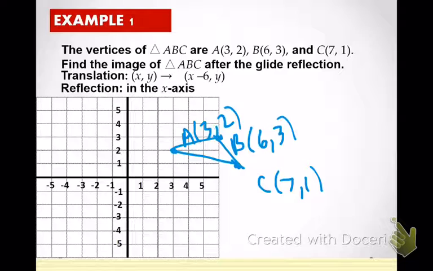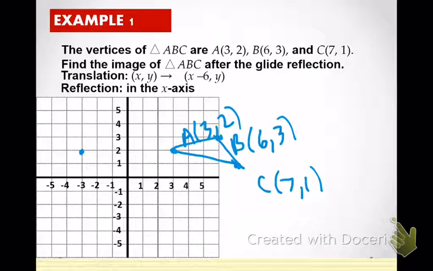So what is going to change, the x or the y, according to this translation? x, right. It could be both, but in this case, they're just changing the x. So we're going to subtract 6 from all our x values. So A becomes 3 minus 6, which is negative 3.